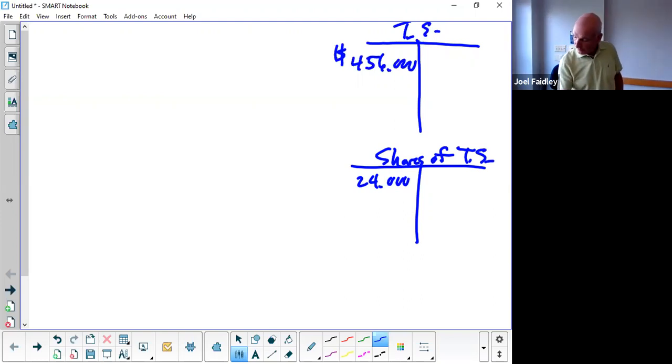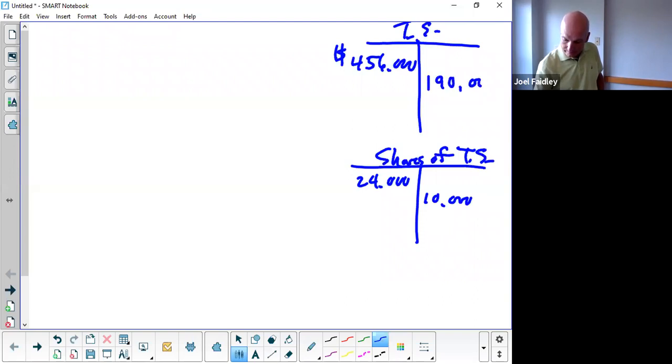So what happens? We sell 10,000 of those shares, right? 10,000 shares. It's got to come out of my treasury stock general ledger at how it went in, which was $19. So what's 19 times 10,000? $190,000 is coming out, right? We sold 10,000. These are all at $19 a share.